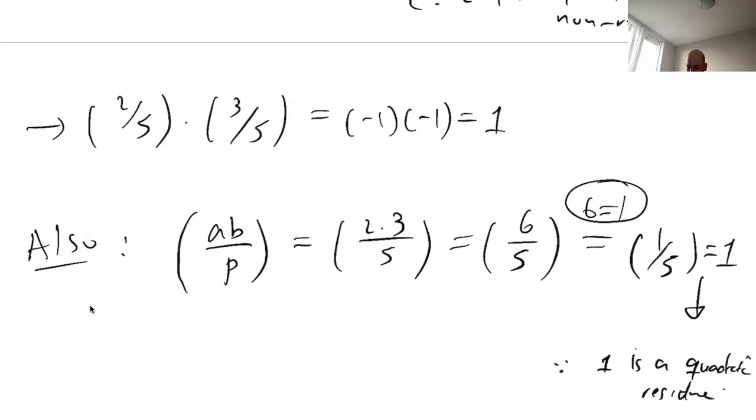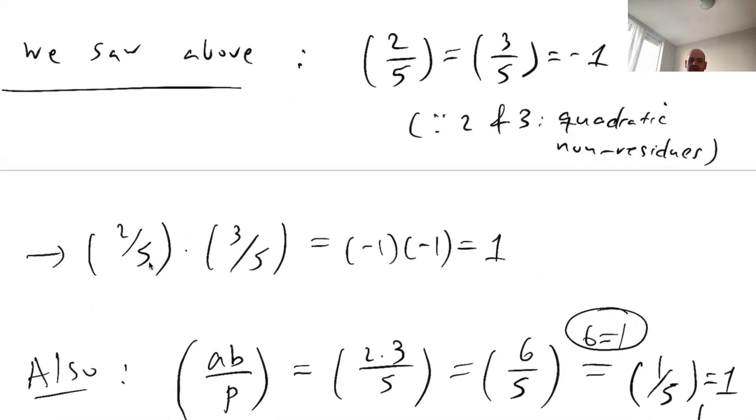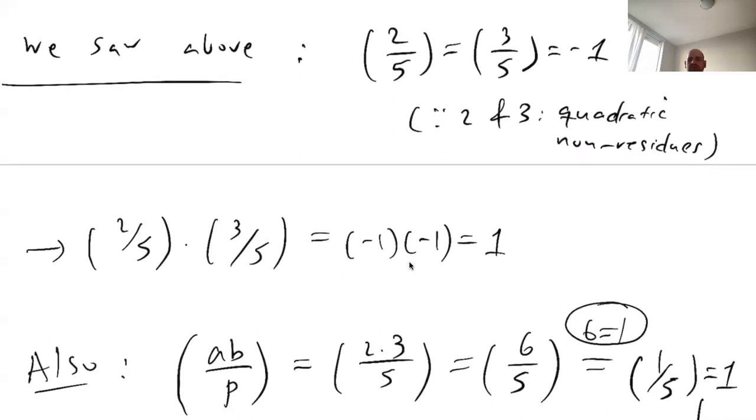Please look at the example that we did above. We showed that in Z5, 1 and 4 are quadratic residues, and 2 and 3 are quadratic non-residues. So 1/5 and 4/5 are 1, and 2/5 and 3/5 are -1. So here 1/5 is 1, which is the same as AB over P, and A over P times B over P is also 1.